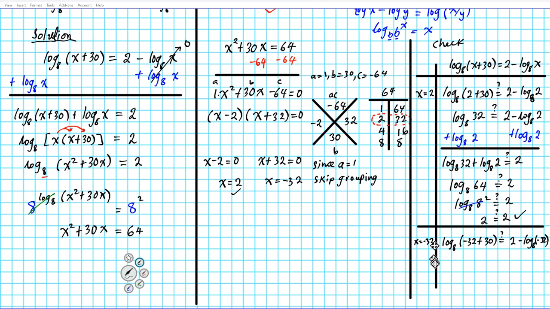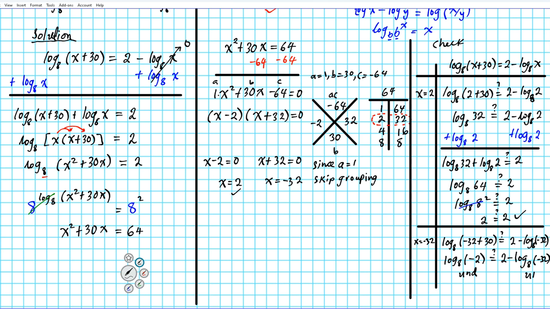If you notice, there's already a domain violation in the last term. Right here, that's a problem. Let's simplify so you see. We have log base 8 of negative 2, is it equal to 2 minus log base 8 of negative 32? This term is undefined because you can't take a log of 0 or a negative number.